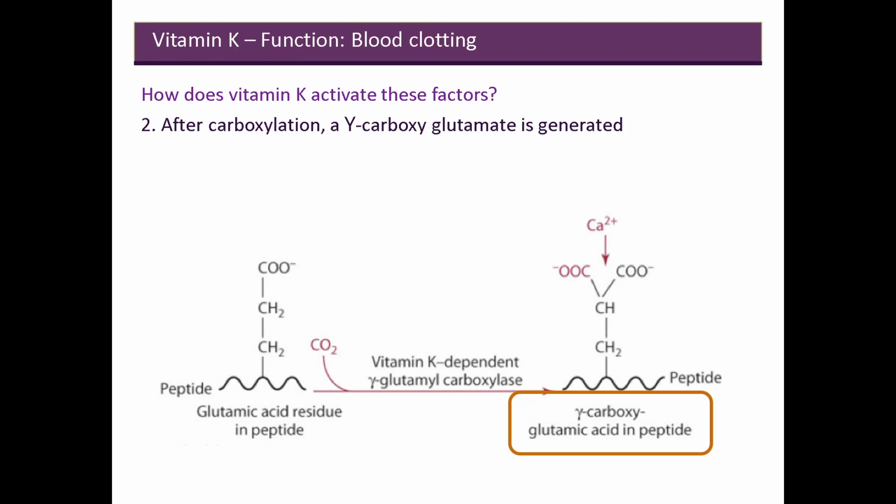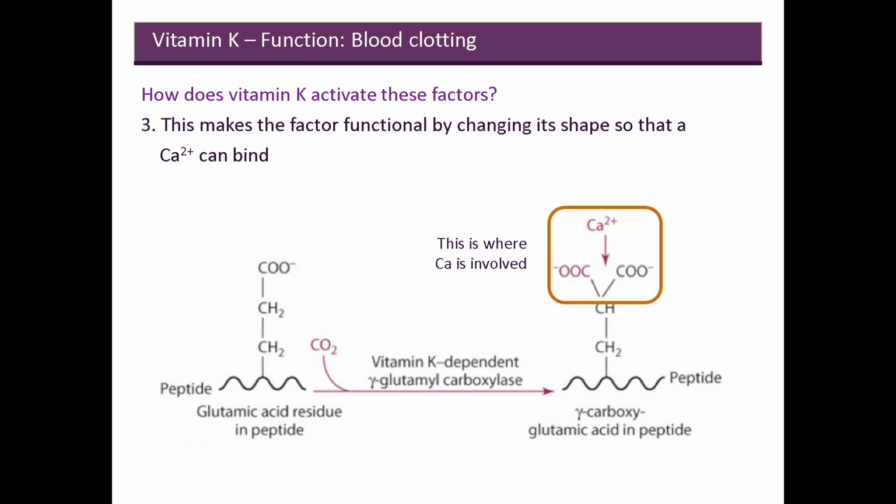The result is gamma carboxyglutamic acid in peptides. So as you can see, they added a carboxyl group right here, and by adding this carboxyl group, it makes a functional change that allows calcium to bind to this.